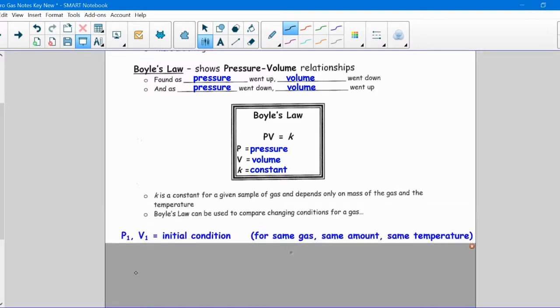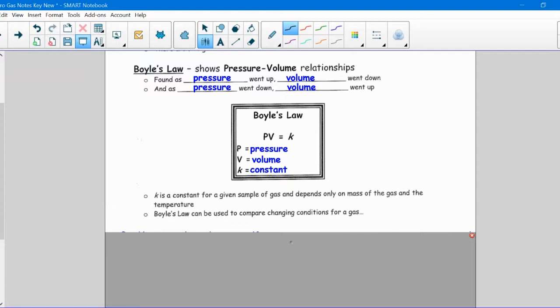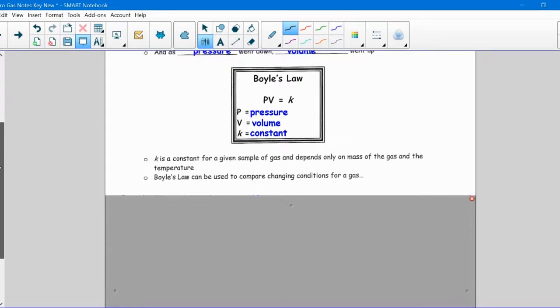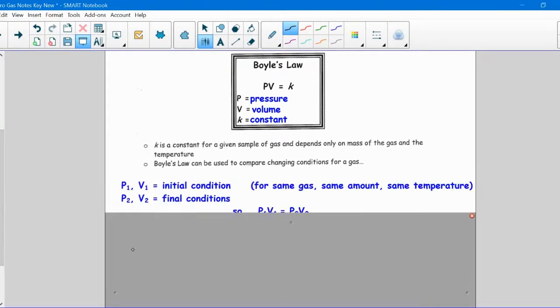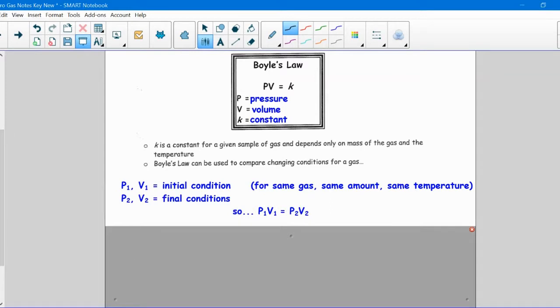And Boyle's law can be used to compare changing conditions for a gas. So initially, we would have P1 and V1, and then we would have P2 and V2 for the final conditions. And we're going to assume that we have the same gas throughout the problem.